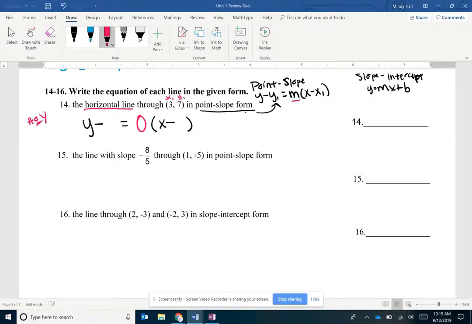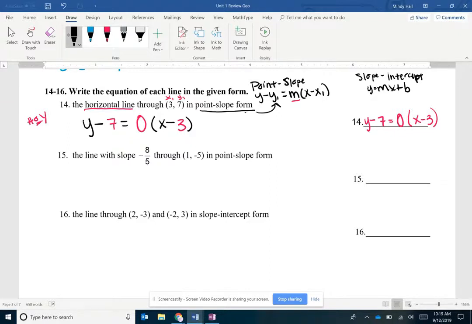This is x1, this is y1. So when I have x minus 3 and y minus 7, and that is actually your final answer. You don't have to distribute the 0. You can just leave it because we want it in point slope form. If you distribute the 0, you're starting to turn it into slope-intercept form, which is not what we want you to do.